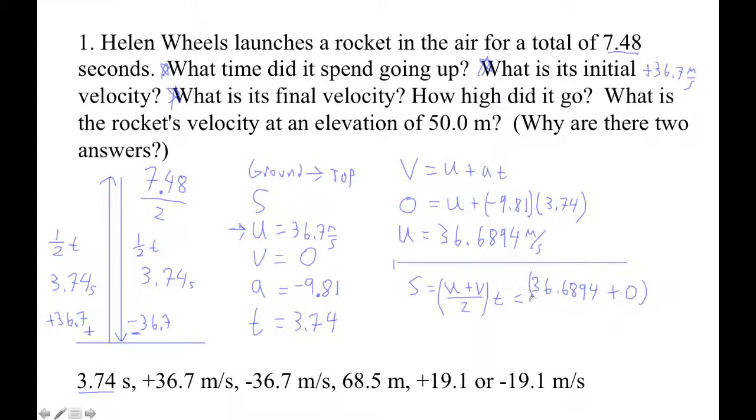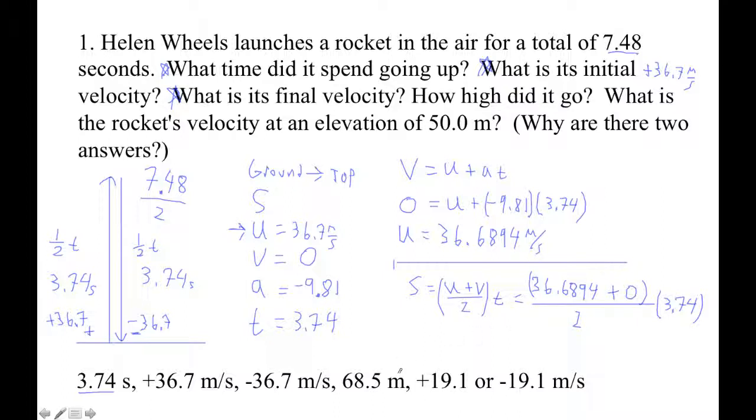Then we're going to divide by 2 and multiply by 3.74. My pen goes slower and slower. I don't know what's up with this MacBook Air. So now if I plug that into the calculator, divide by 2 and multiply by 3.74, I get the height to be 68.609.